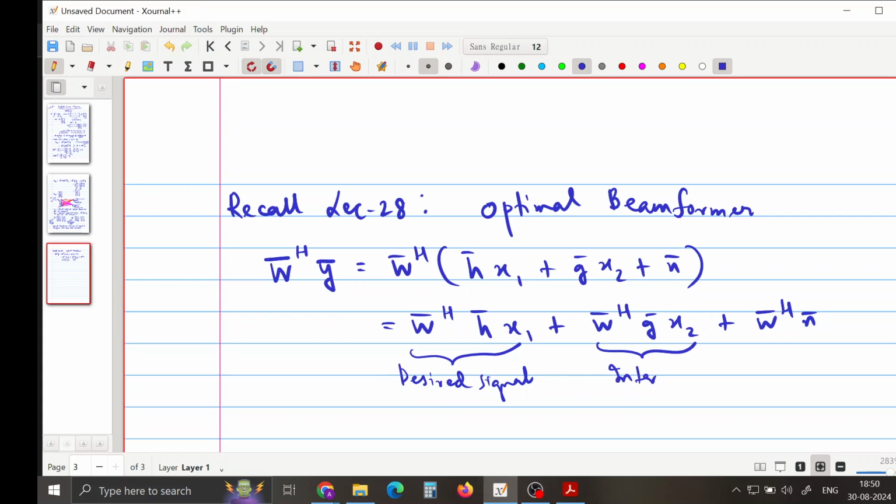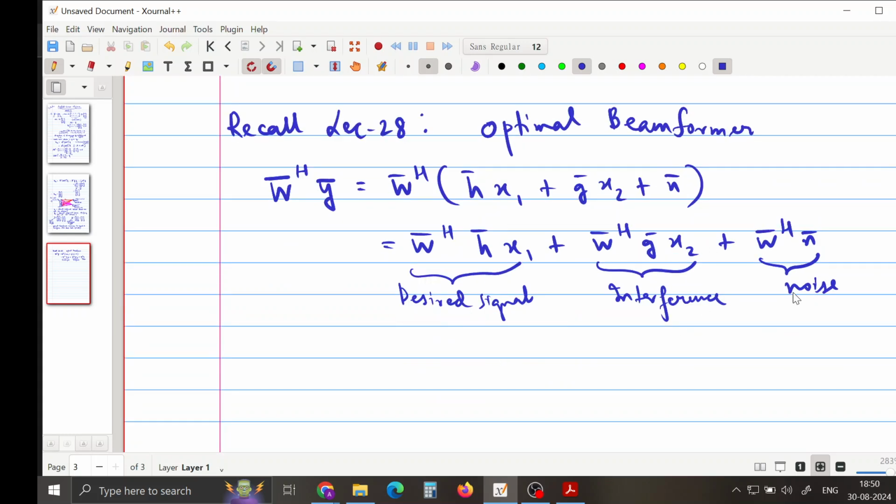H bar was the channel vector corresponding to the desired user, and G bar corresponded to the channel vector for the interferer. So this is the interference, and this is my noise component, because n bar is my noise. This was the notation used in the lectures, if you recall, lecture 28. As you can see, the terms are clearly different. Interference and noise are two different components, they are not the same.